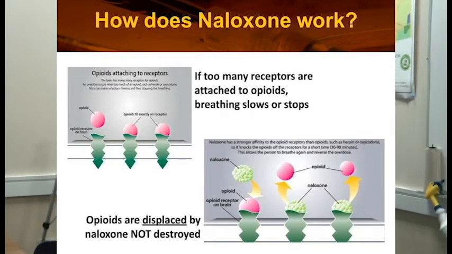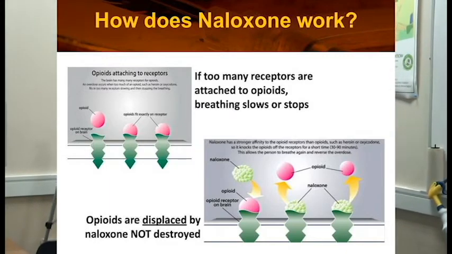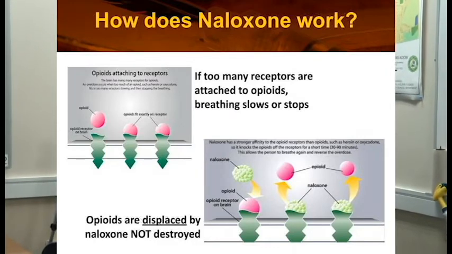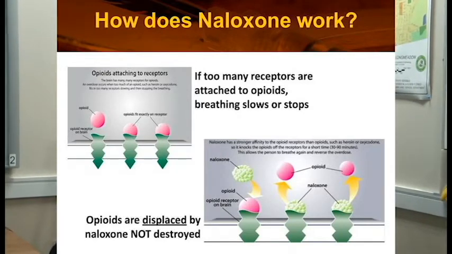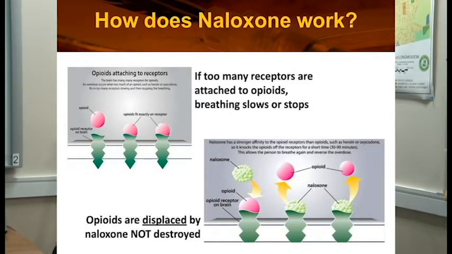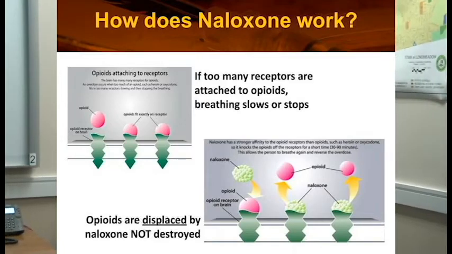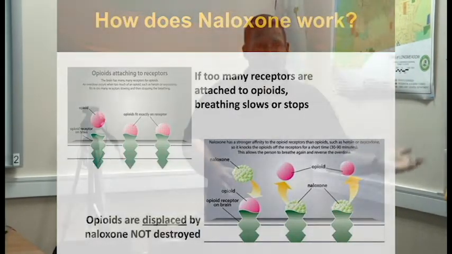Opioids bind to this receptor. Basically, the more receptors that are blocked, the less drive you have. You're going to start getting sleepy. You're going to start slowing down your breathing. You're going to keep going down the slippery slope until you stop breathing. Eventually, your heart's just going to stop because there's no oxygen coming in. Your body's saying sleep really deep, and your body essentially gives up. So that's an overdose, kind of in a condensed form.